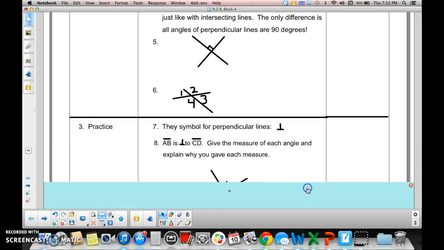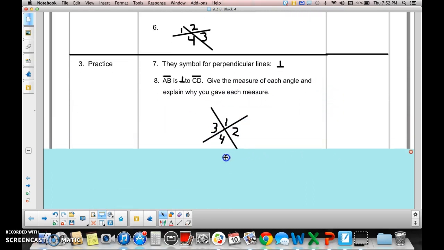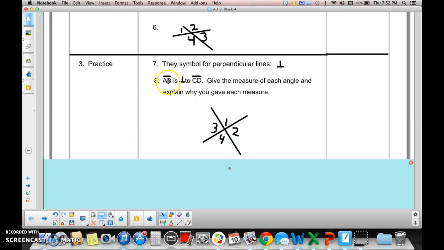Next, I am going to give you a little problem, and I'm going to give you some information to go with the problem. The information is line segment AB. Hold on one second.